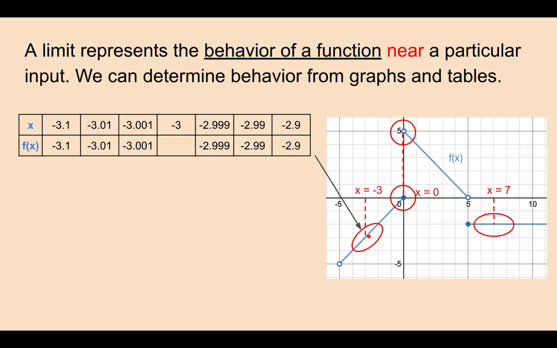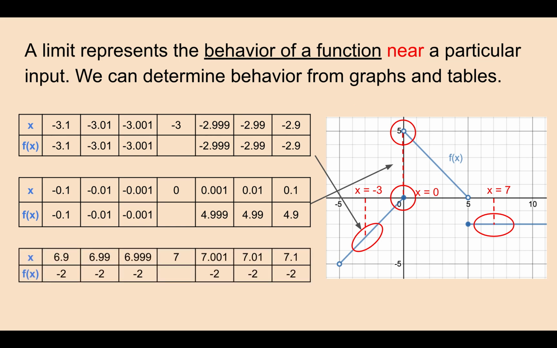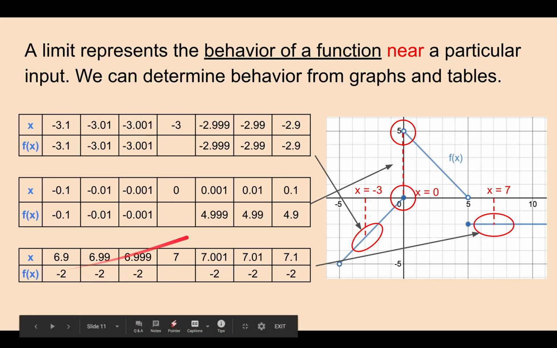At 0, from the left it's 0, so it shows me this. Coming in from the right is 5, it shows me this. Again, try to visualize what these tables are doing as graphs. And lastly, the 7 was constant. It's -2 everywhere around here, and that's exactly what this table shows.